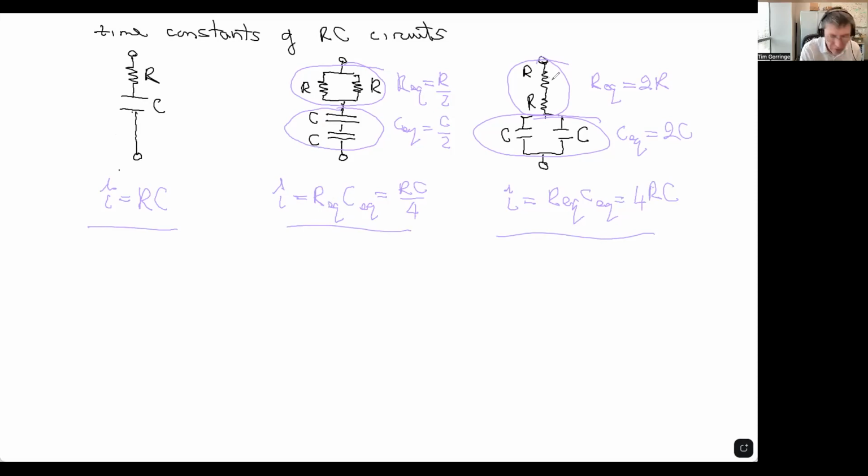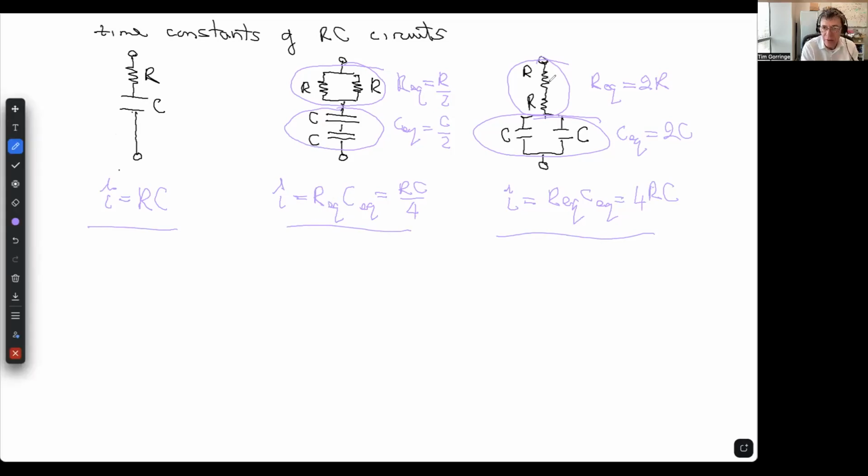We did the reverse in this circuit over here. When we combine the resistors in series and the capacitors in parallel, we made a bigger resistance and a bigger capacitance, and so we made a much bigger, by a factor of 4, time constant. Using the RC on the left-hand side as our reference point, it is faster to charge or discharge the circuit arrangement in the center by a factor of 4.